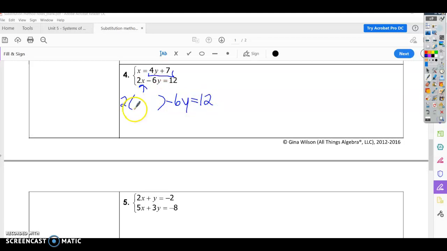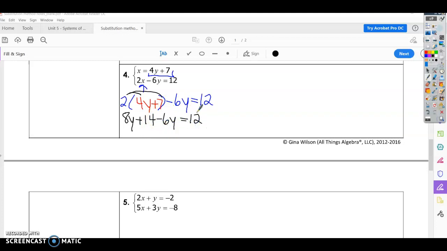And then in place of x, I'm going to put the 4y plus 7. All right, now distribute the 2. 2 times 4y is 8y, and 2 times 7 is 14. And then I have minus 6y equals 12.